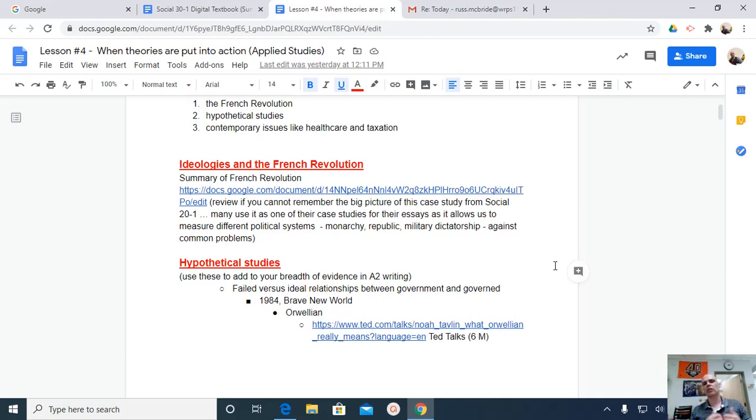The radicals, the Jacobins, like Robespierre and Desmoulins and Danton, were radically committed to creating a new France. Whereas reactionaries, some of the displaced emigrants, the nobles that had benefited from the old regime, were trying to use violence to restore the old order. And therefore, we have the two ends of the spectrum. Now, in the middle of the spectrum, you have liberals and conservatives, depending upon how committed to change they are. Liberals are more progressive, conservatives are more attached to the status quo.